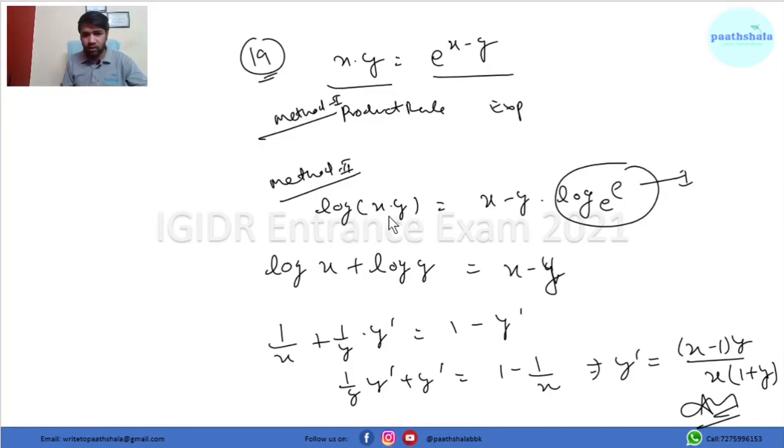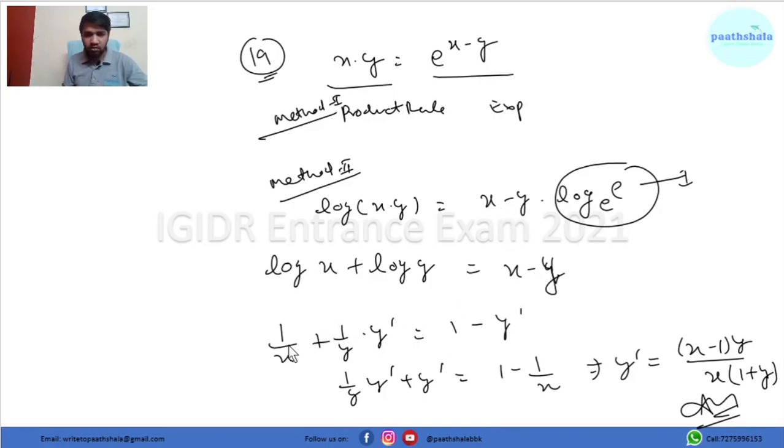So this will become log of x to the power y equals x minus y, log e to the power e, and log e will become 1, and here we'll apply the property of log. So that is log of x to the power y will become y log x, and this will be x minus y. Now let's differentiate it with respect to x.